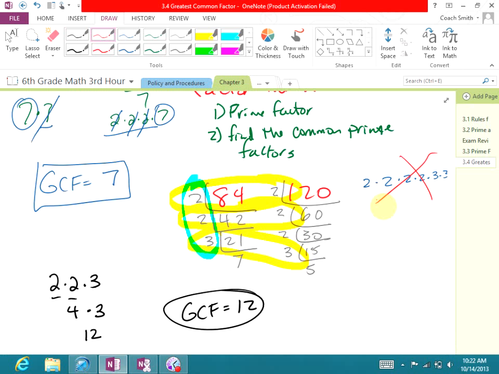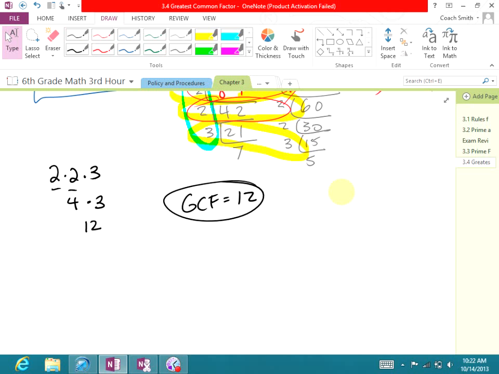You simply multiply one of the pairs in each one together. So this right here, that's a 2. This right here, that's another 2. And then the 3. All right? I will do another one to help you out.